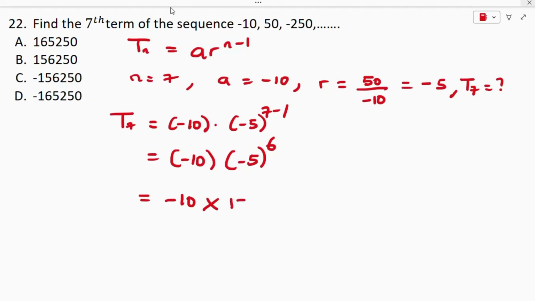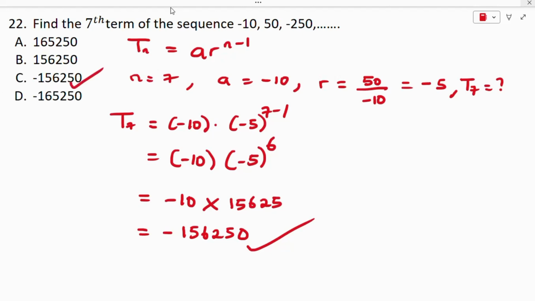So this is equal to minus 10 multiplied by minus 5 raised to the power of 6, which is going to give us 15,625. So this is equal to minus 10 times 15,625. This is going to give us minus 156,250. So we just have to simply add 0 to this, and we get our answer right here. So from this, looking at the options, we have C to be the correct answer.